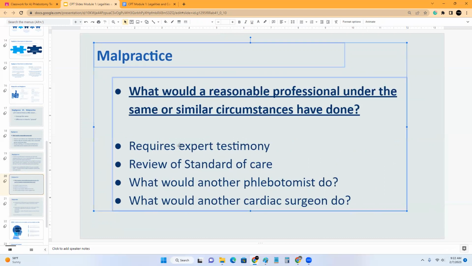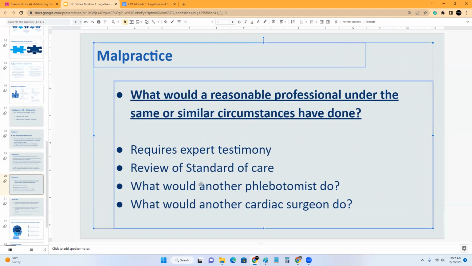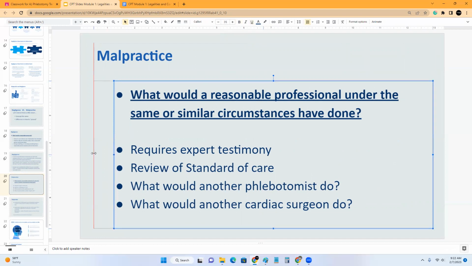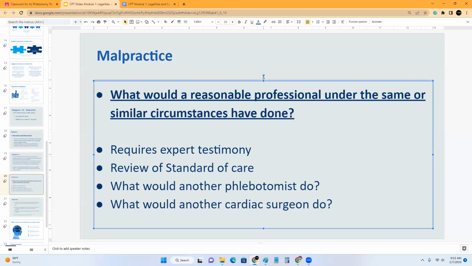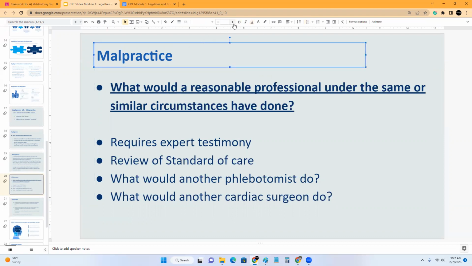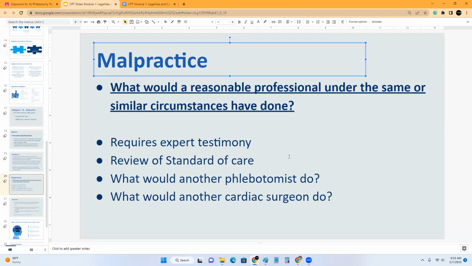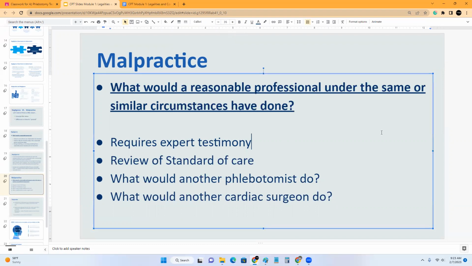Malpractice means that a reasonable professional in the same profession, doing the same job, would they make the same decision under similar circumstances as what you did? So a phlebotomist would need to look at whatever you did in that situation. Okay, did you palpate? You hit an artery, or you stuck a tendon or a major nerve causing permanent damage.